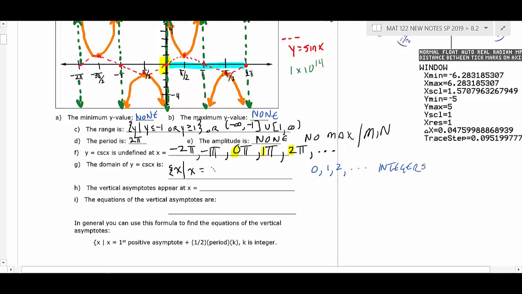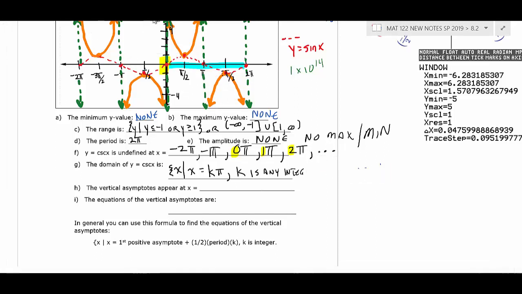So we say the set of x such that x is not equal to, I usually say k pi, and k is any integer. That's the way you have to write this. You got to think about that a little bit.